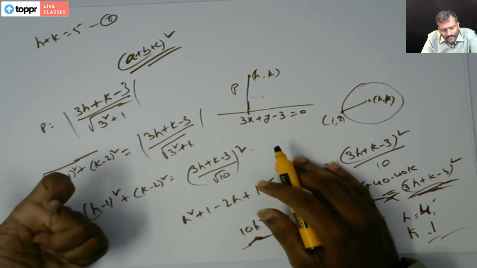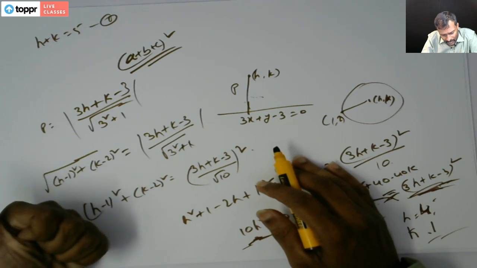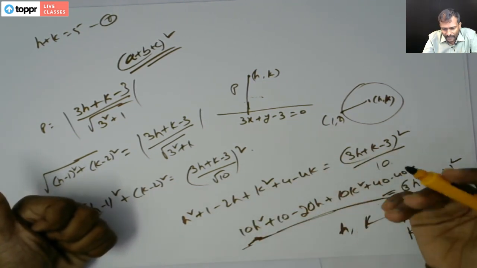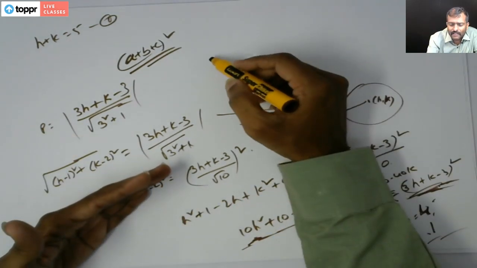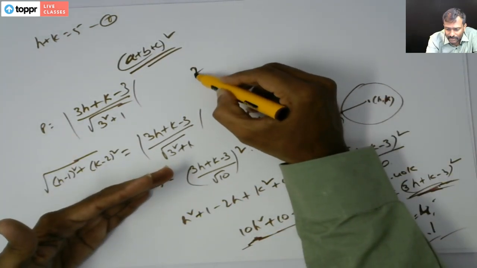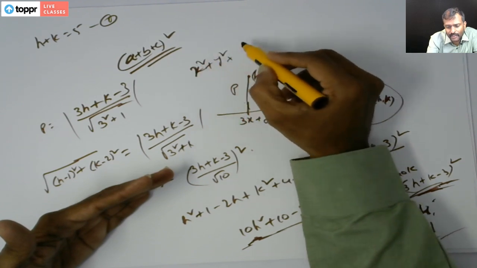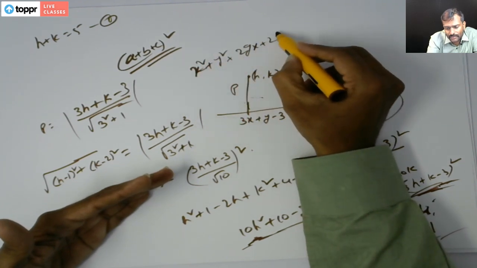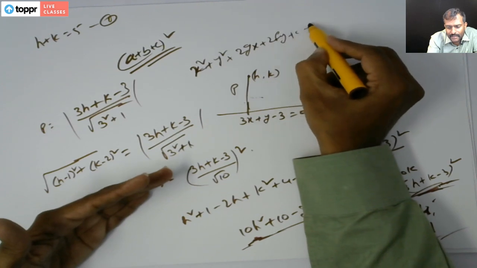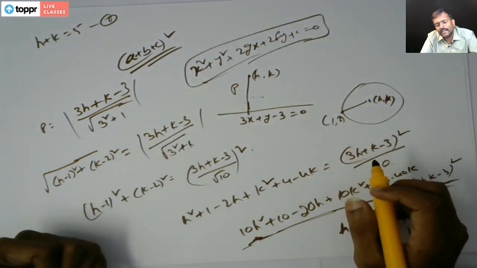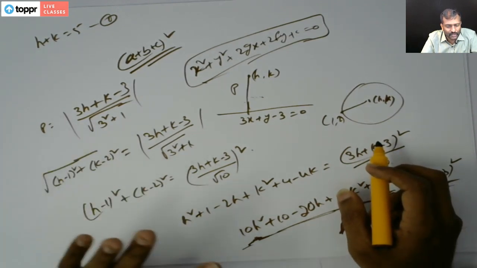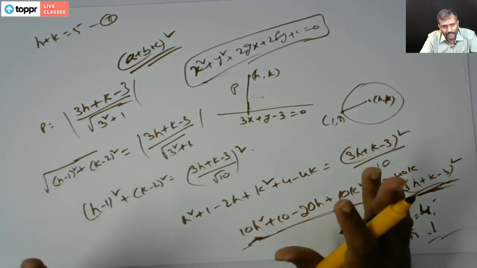And we also discussed the standard form of the circle, like x square plus y square plus 2gx plus 2fy plus c is equal to 0. This is one more standard form of the equation, and you can directly find the radius and center from this without actually completing the squares.